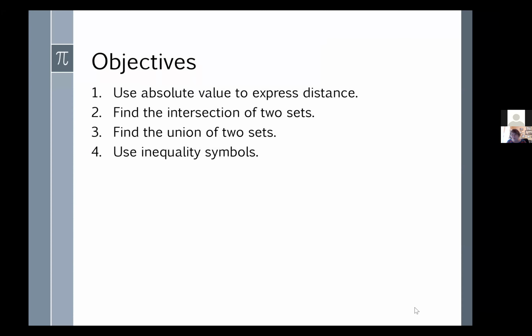We are going to review inequalities in the 12:30 period also, but it's probably not a bad idea to talk about them a little bit here also. So first of all, on Tuesday, we talked about the absolute value. And the way you represent an absolute value of a number is you put bars around that number.